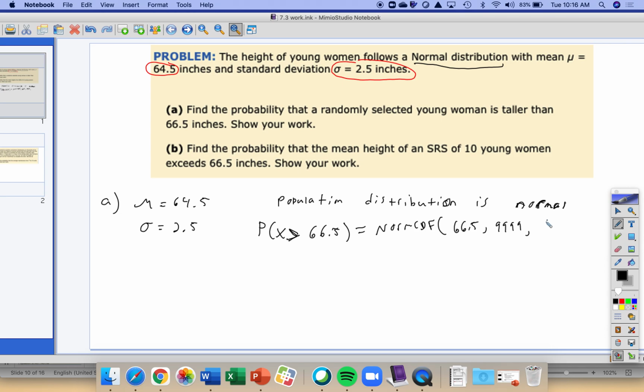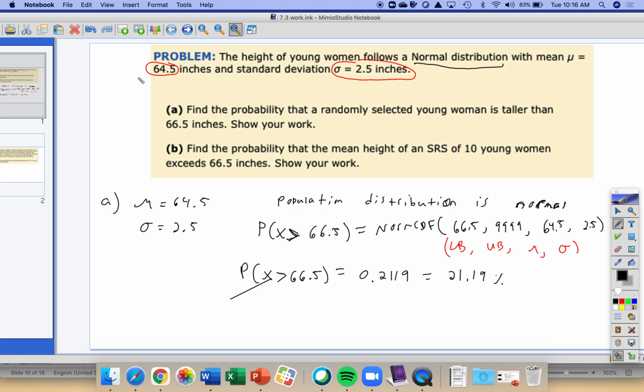The mean is 64.5, and the standard deviation is 2.5. And again, I have to label this, so it would be lower bound, upper bound, the mean, and the standard deviation. And when I put that into my calculator, the probability that X is greater than 66.5 is equal to approximately 0.2119, or 21.19%.